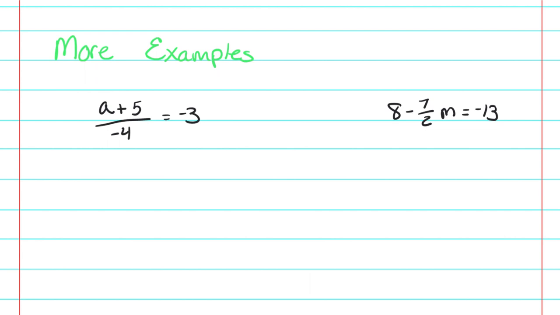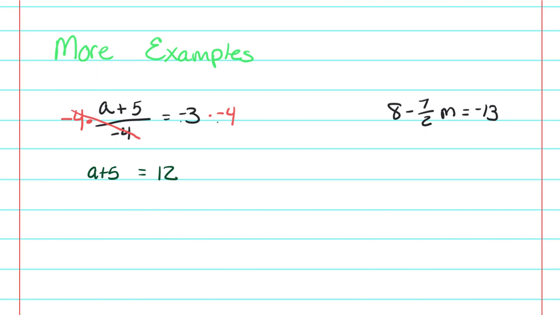The opposite of division is multiplication. So if I want to divide it all by negative 4, the opposite would be to times it all by negative 4. So this will cancel out. I will have a plus 5 equals, and then negative 3 times negative 4 is 12. Because I have a negative times a negative, my answer will be positive.